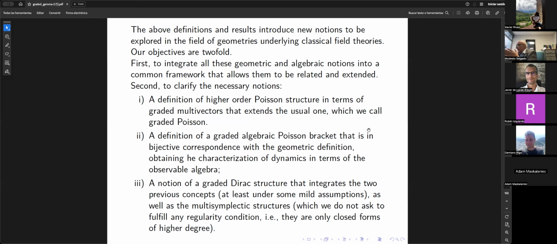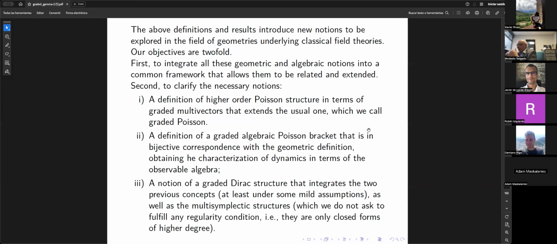This will be a graded Poisson structure, because we don't have a Poisson tensor of order greater than 2; we have bivectors, but in different grades. And the same happens with the bracket. We don't have a multi-bracket, but we have brackets of classes of forms, graded. And so this is the difference. This is our intention: we will put some order.